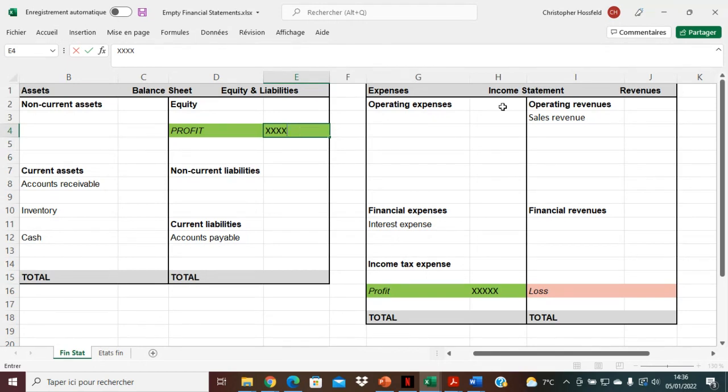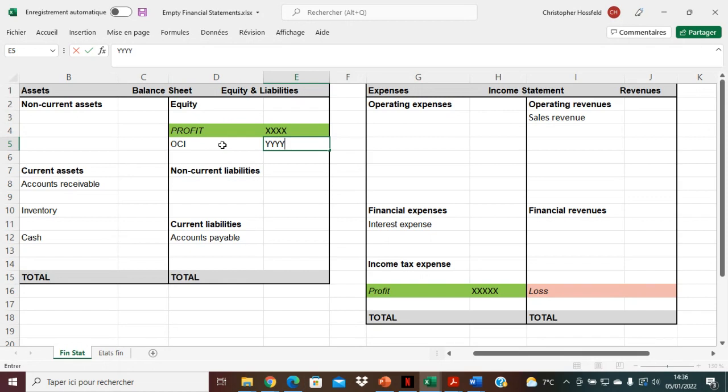So instead of putting gains and losses in the income statement and then via the profit they go in equity, I put them directly in equity. And I create a new item that I call OCI. And in OCI, I put the gains and losses directly.